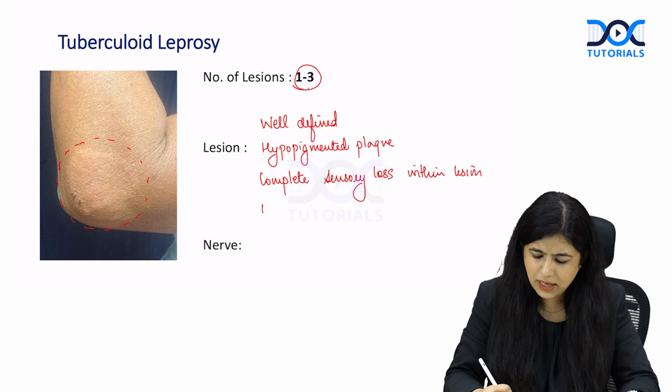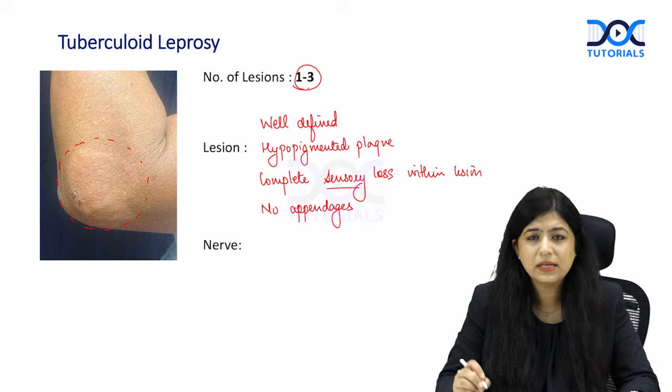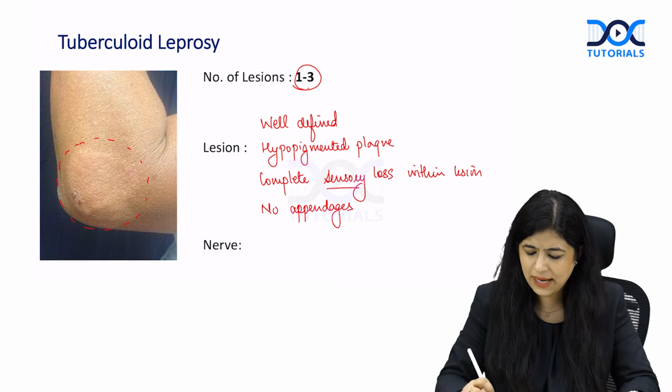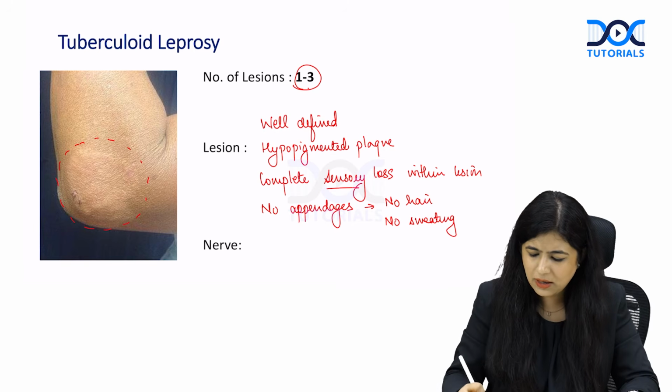Also, there are no appendages here because the granulomas that are formed to kill the bacteria, they kill the nerves, they cause sensory loss, they also kill the sweat glands and the hair. So there is no hair within the lesion. There is no sweating within the lesion. This is a dry patch.